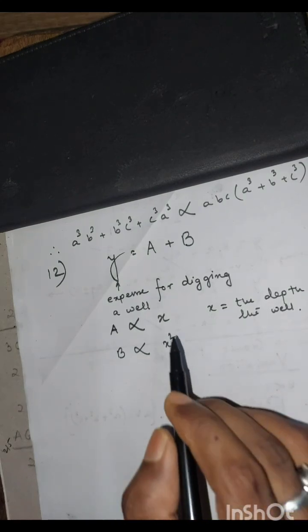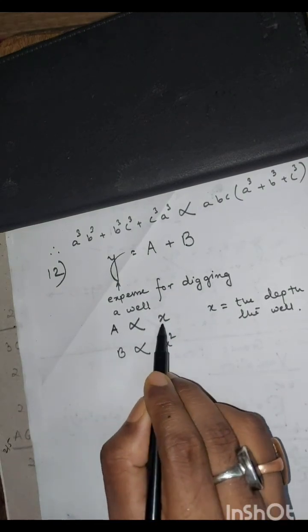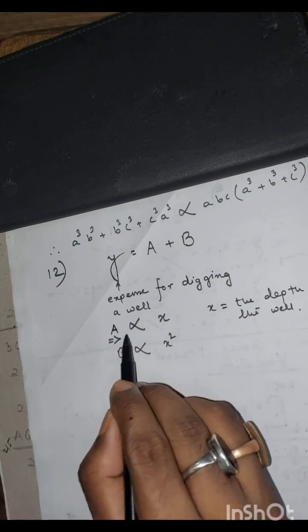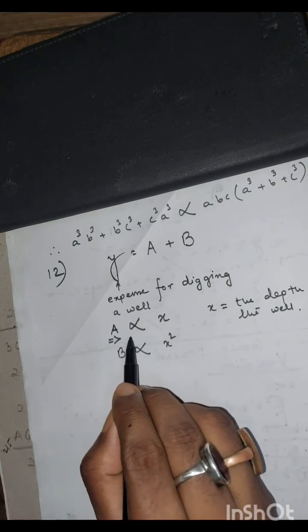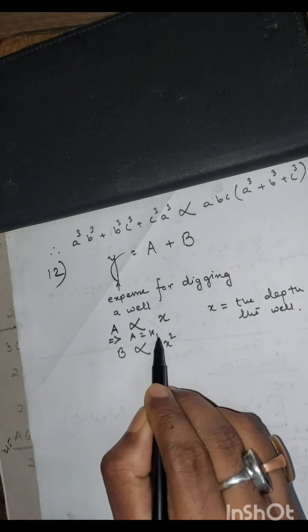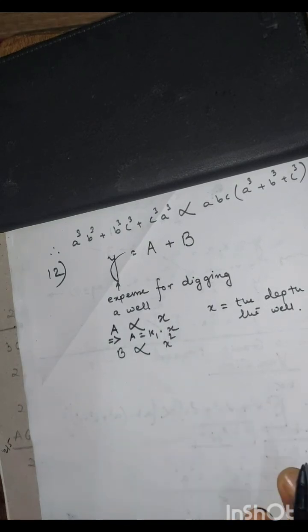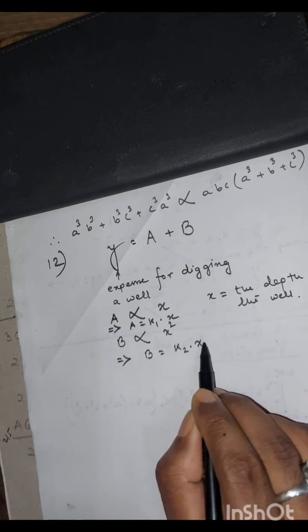So if we use this relation and convert it into an equation, it becomes A equal to k1 into x, and if we convert this relation into an equation, it becomes B equal to k2 into x square.